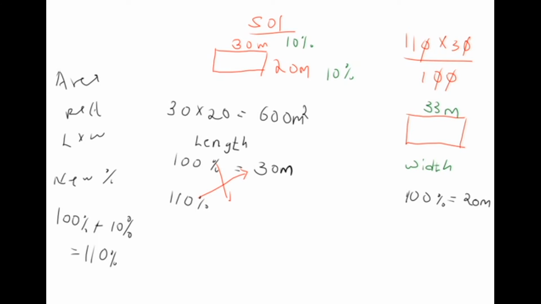This will be the new percent. We take 100, we add 10. We have 110%. What about 110%? Then we will cross multiply.